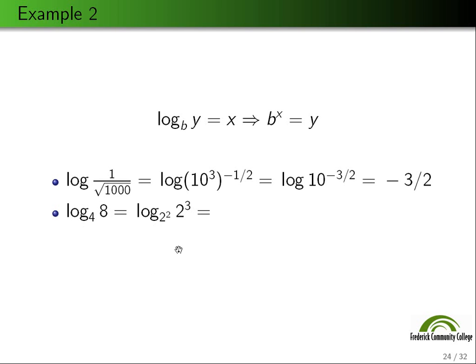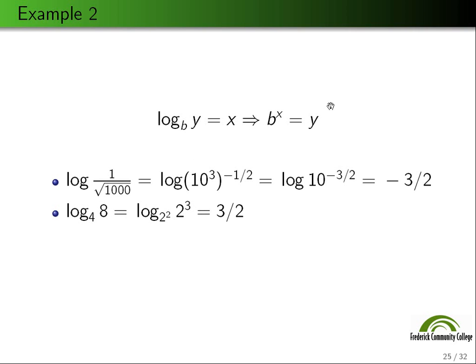And now it's not that bad. We need some number such that I raise 2 squared to and get 2 cubed. So basically I need the number that I multiply 2 by to get 3. And we should know that's 3/2. Again, stop the video and make sure that you understand that and work it out and rewrite it.